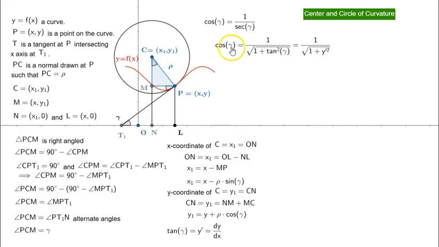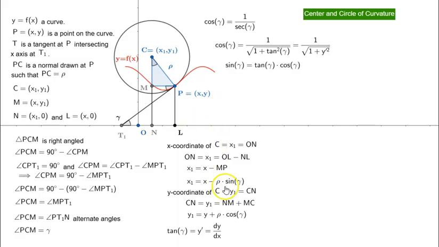So cos gamma is equal to 1 by sec gamma, which can be written as 1 by square root of 1 plus tan square gamma. And tan gamma is y prime, so tan square gamma can be written as y prime square. So we have cos gamma is equal to 1 by square root of 1 plus y prime square.